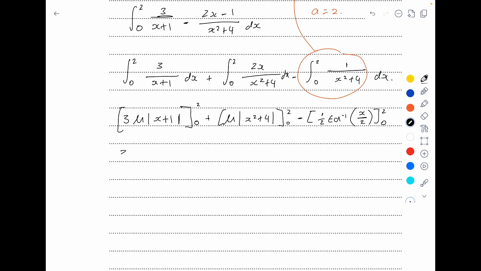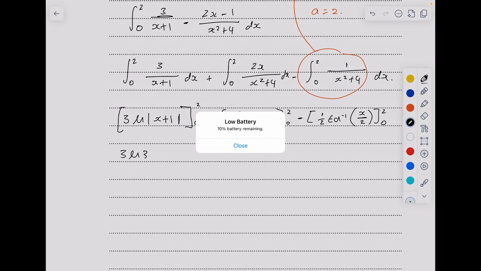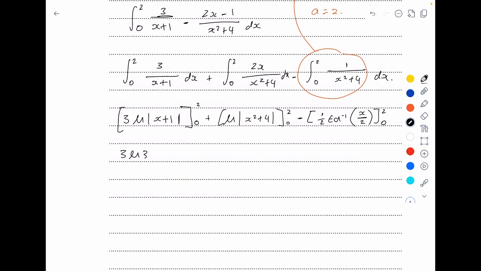So therefore we get 3 ln 3 plus ln of 8 minus ln 4. Okay, now why have I only got ln 3 here?